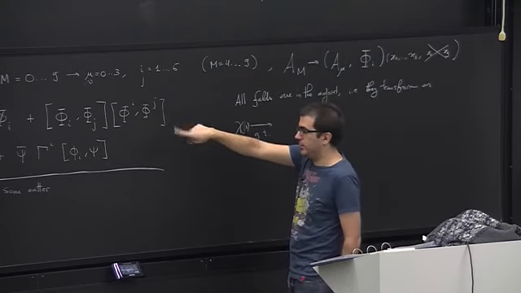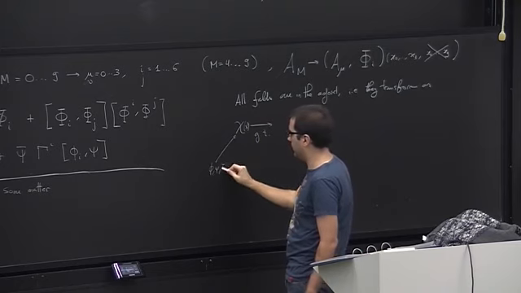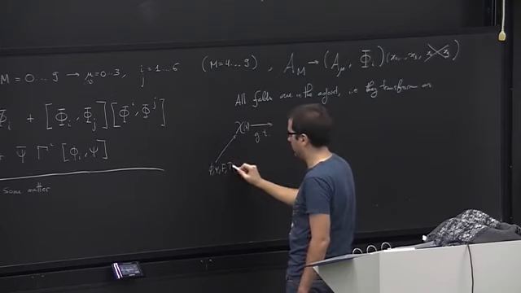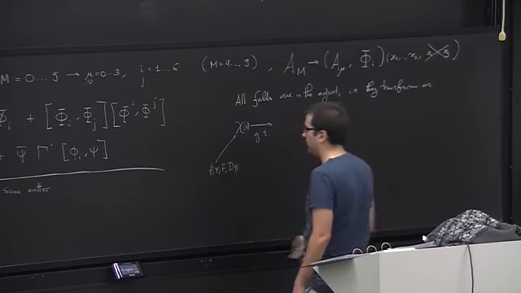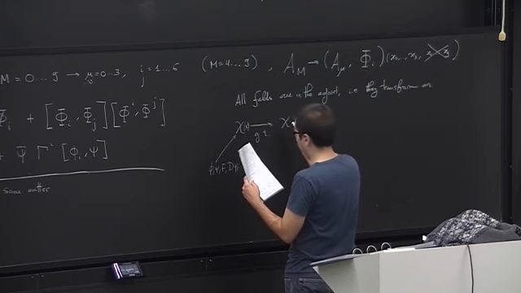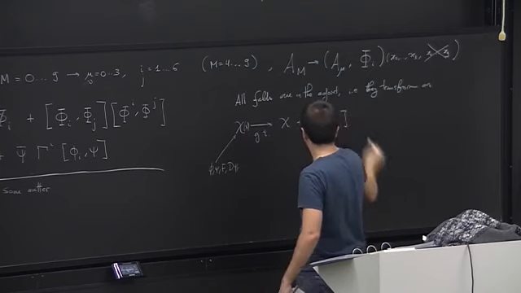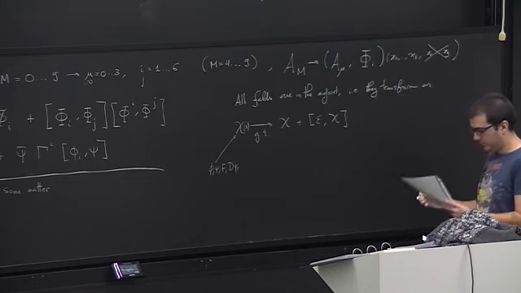Any of these fields here, this chi can be a scalar, a fermion, a gauge field, a covariant derivative of a fermion, whatever. A field transforms under a gauge transformation as the field plus the commutator of epsilon with the field.